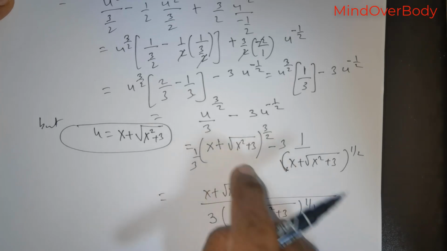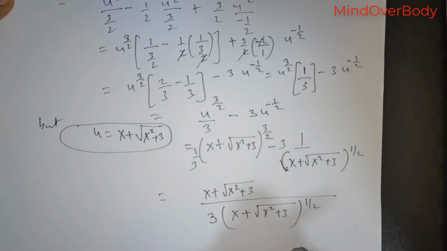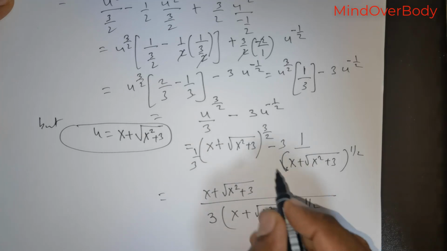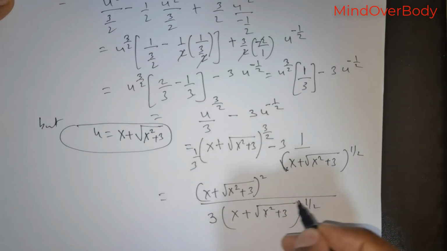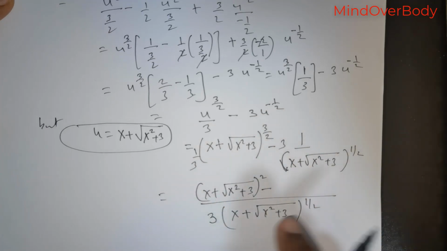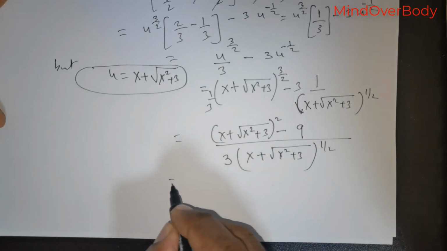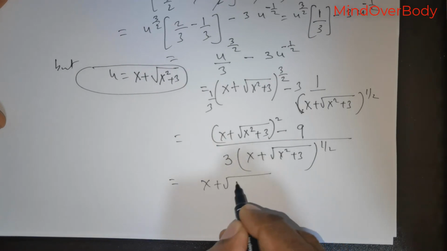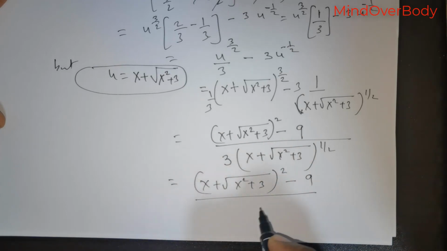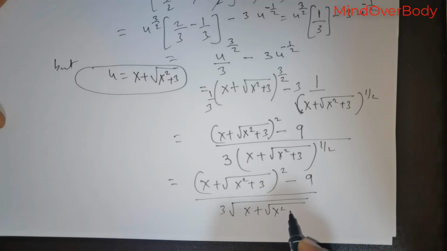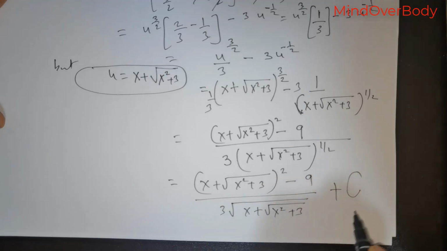So this and this get multiplied, and when you multiply that, you get 3/2 plus 1/2. That's going to be a square there, right? Minus, and that's going to be 9 there. So this can be further rewritten as x plus the root of x squared plus 3 raised to the power of 2, minus 9, divided by 3 times the root of x plus the root of x squared plus 3, plus the arbitrary constant. Now this is the end of the solution.